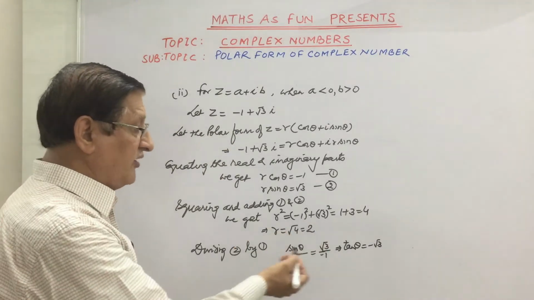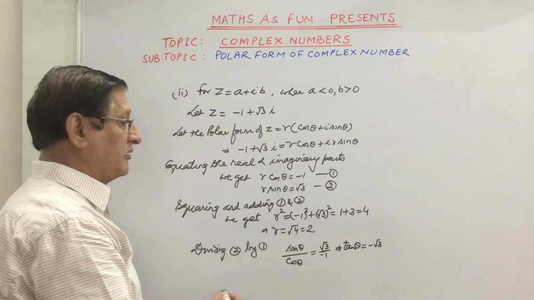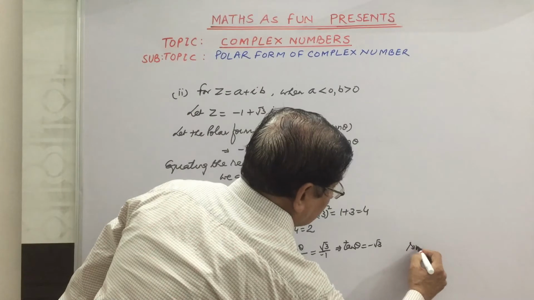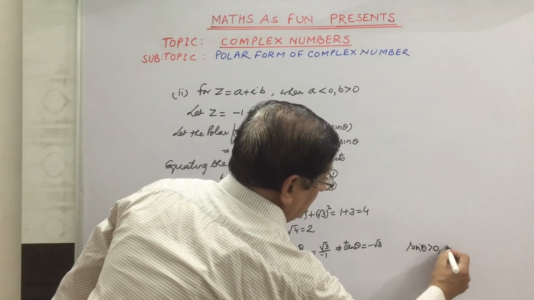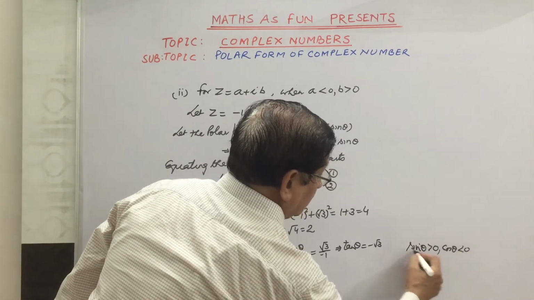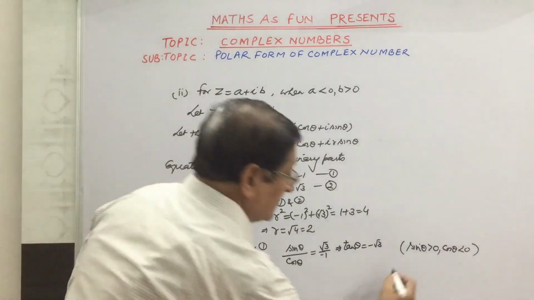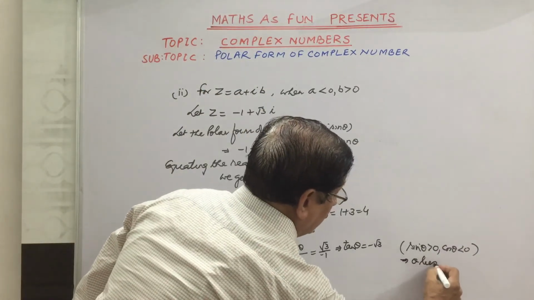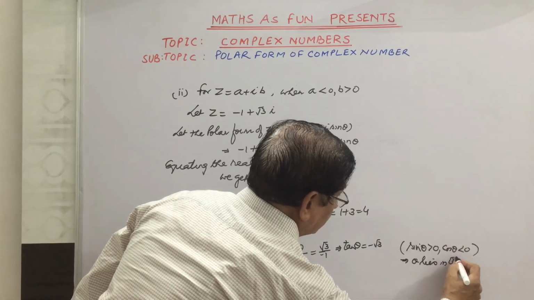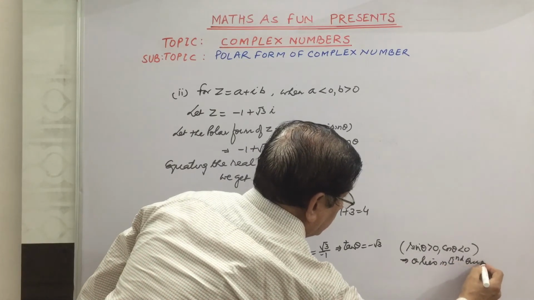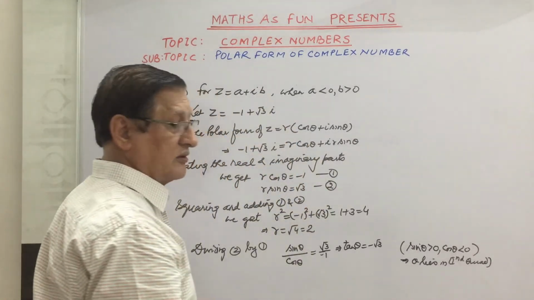Now to find out the value of theta, we have to keep in mind that here sin theta is greater than 0 and cos theta is less than 0. And this implies that theta lies in second quadrant.